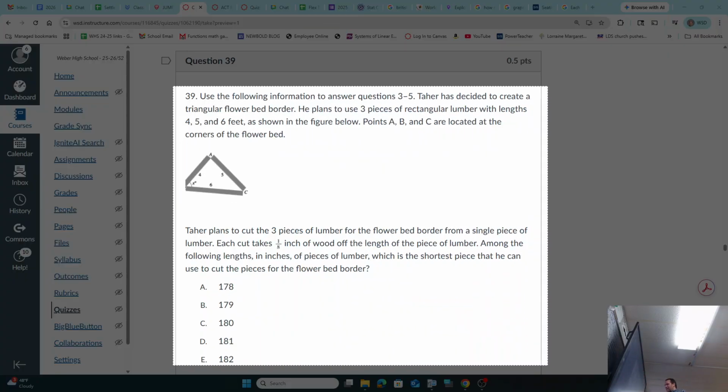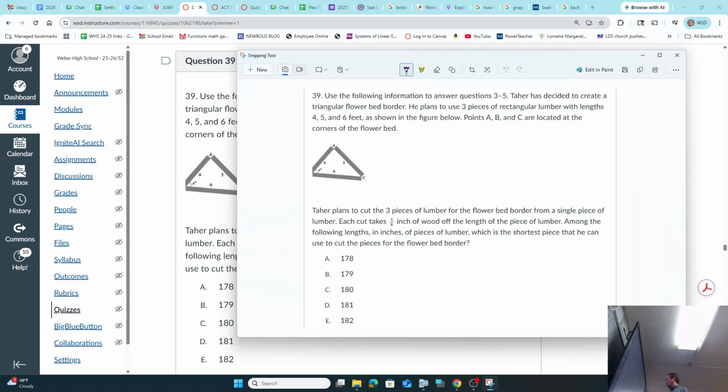So the shortest piece we can do, we have 4 plus 5 plus 6, but then it takes a 1/8 piece off of each one, so that's going to be 15 and 3/8.